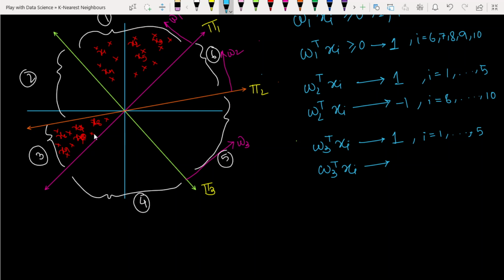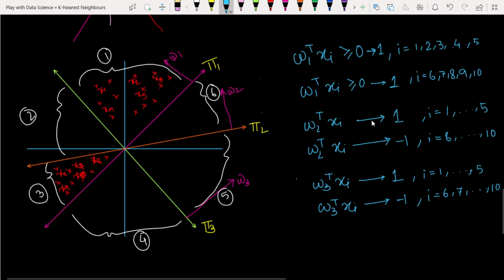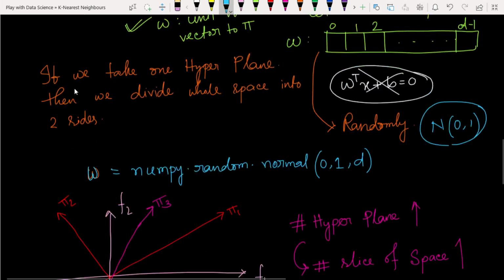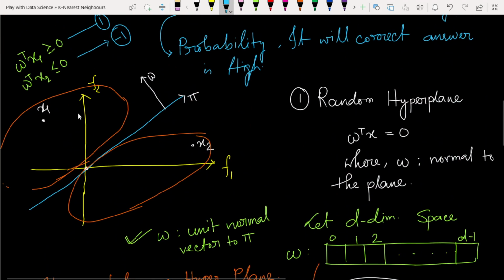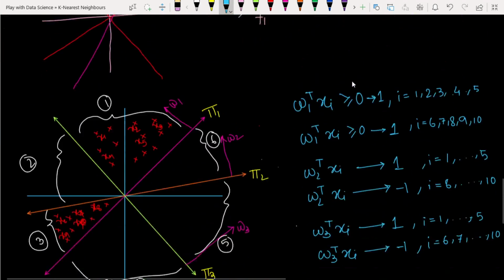Xi means in these directions, so this value will be -1. So i is from 6, 7 to 10. I think you have understood. I am using primarily this concept, directions, nothing else. Okay, this concept.